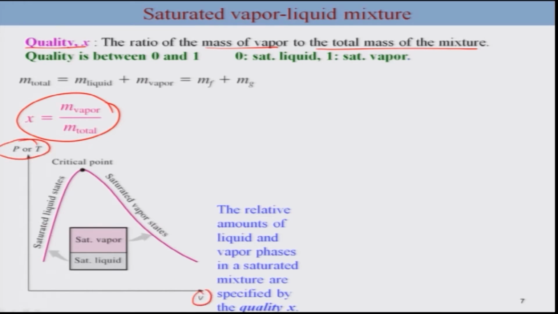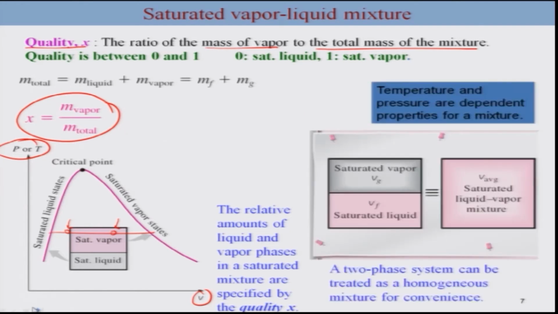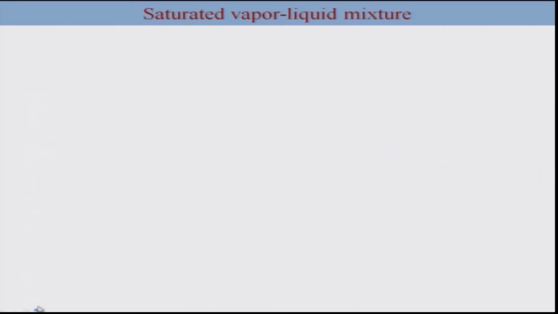So whether for given conditions your system lies here or here depends on what is the quality of your system. Now we will try to do some analysis or some exercise here. What we are going to consider is that when you have a saturated system, for example, in the case of a system containing vg, specific volume of vapor, and vf, specific volume of liquid, can be approximated as the v average of the system. So let us look at some mathematics here.